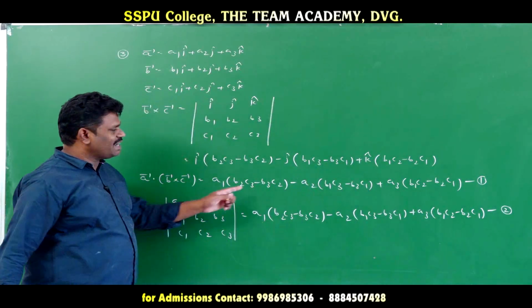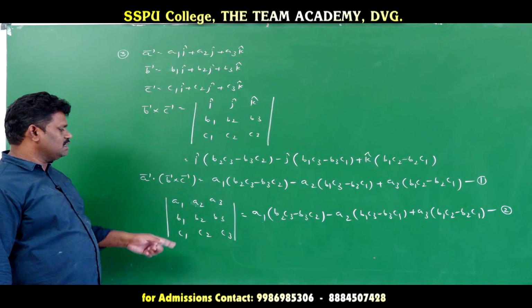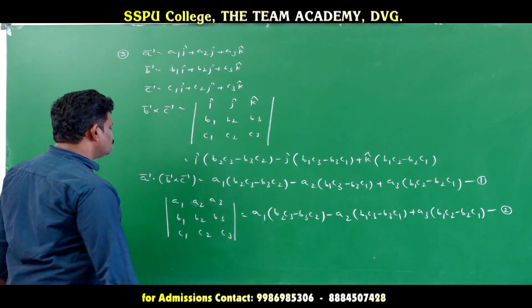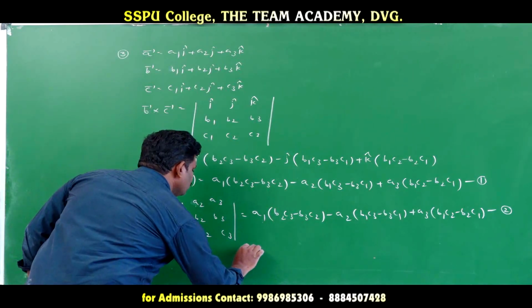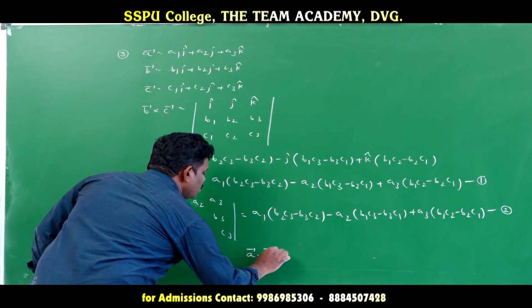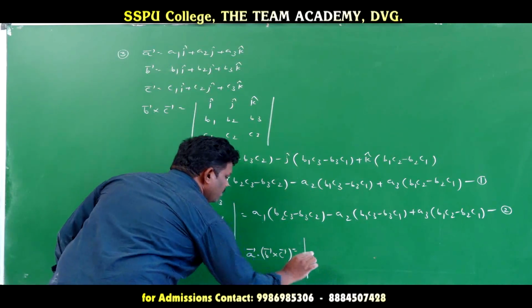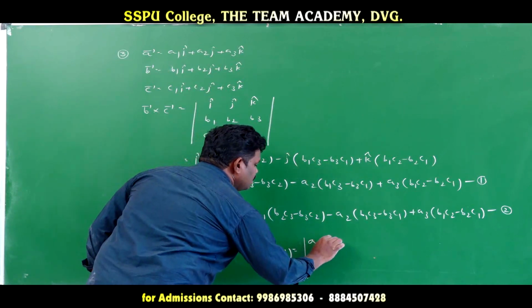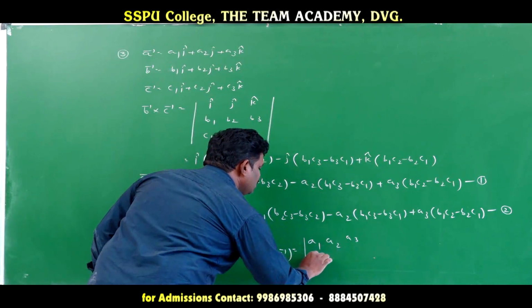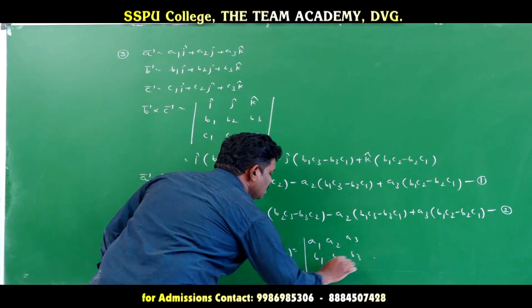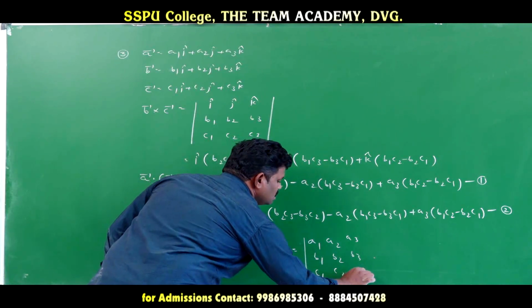Now we observe the right sides of these two equations are equal. So the scalar triple product A bar dot B bar cross C bar is the determinant of A1 A2 A3, B1 B2 B3, C1 C2 C3. Okay?